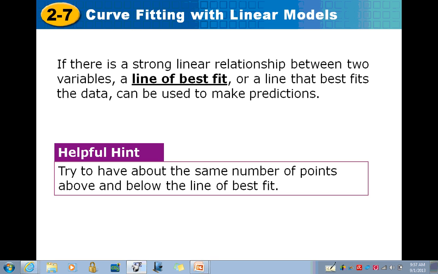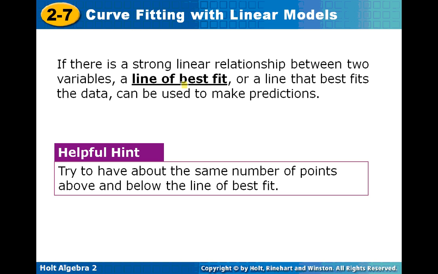All of it is a good explanation, but the actual definition part would be what follows. A line of best fit is a line that best fits the data, and it displays the linear relationship. We use it to make predictions. And again, trying to have the same number of points above and below is a good idea.